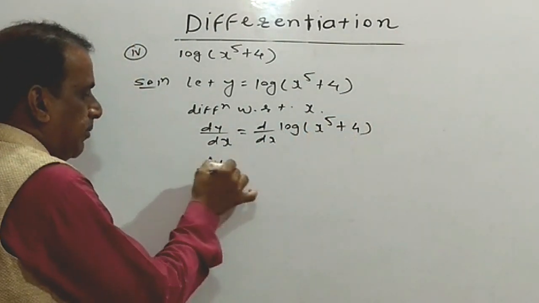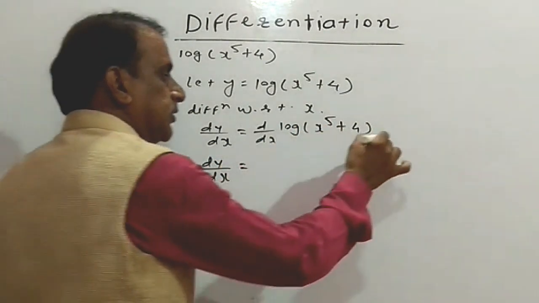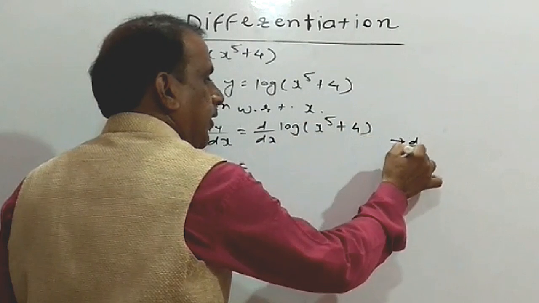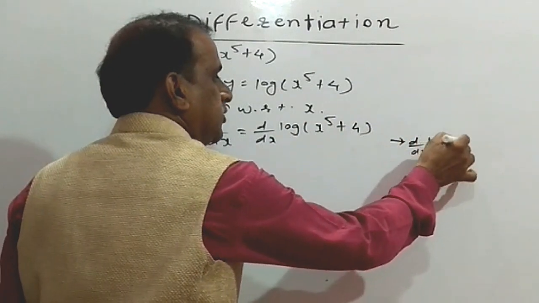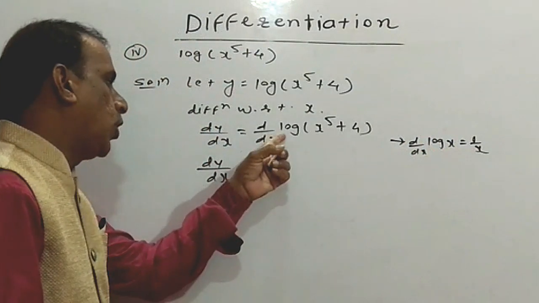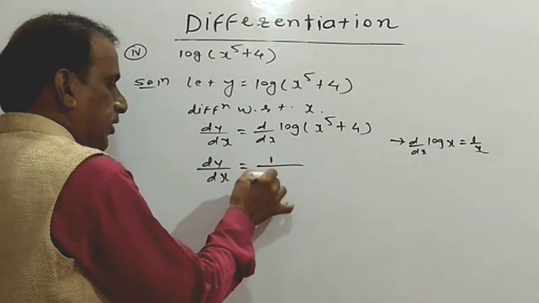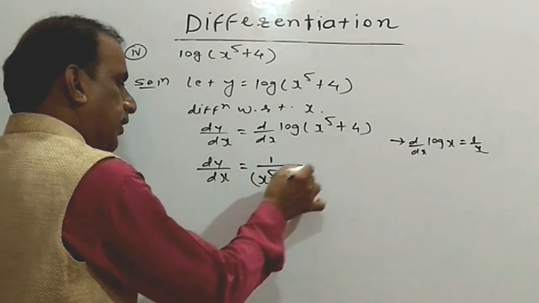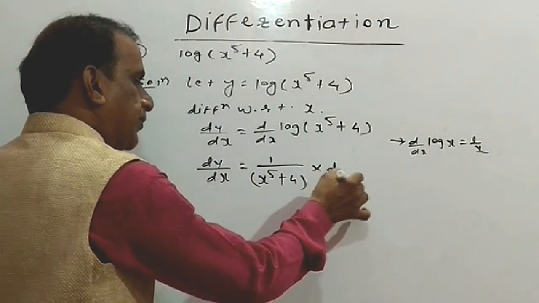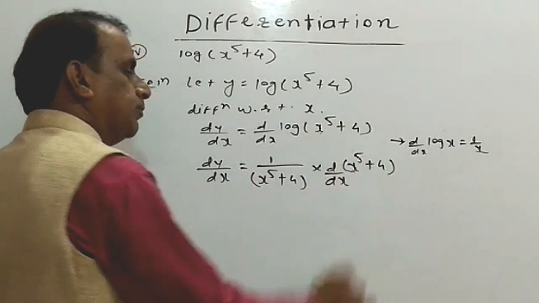Apply this formula: the derivative of log of x is equal to 1 divided by x. So the derivative of log of x to the power 5 plus 4 is 1 divided by x to the power 5 plus 4, into the derivative of x to the power 5 plus 4.